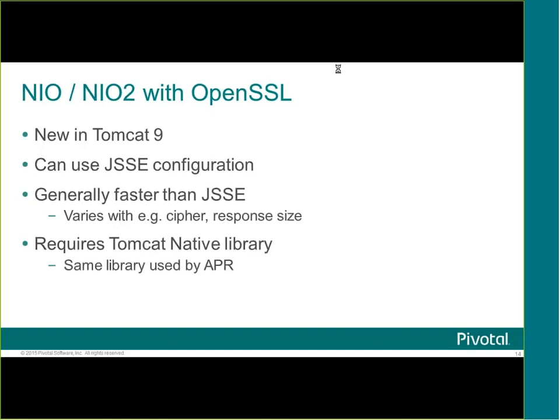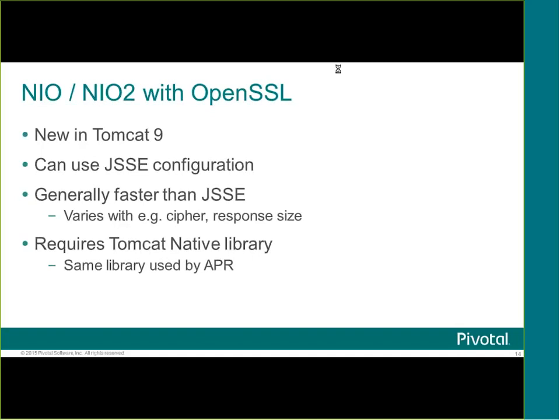As a quick sanity check, I looked up Mozilla's recommendations for TLS configuration on servers, took their modern configuration, took the first cipher in their list of recommended ciphers, so the one that they recommend that you prefer over all others, ran a simple test with that with JSSE and with NIO with OpenSSL, and NIO with OpenSSL was about 20% faster.